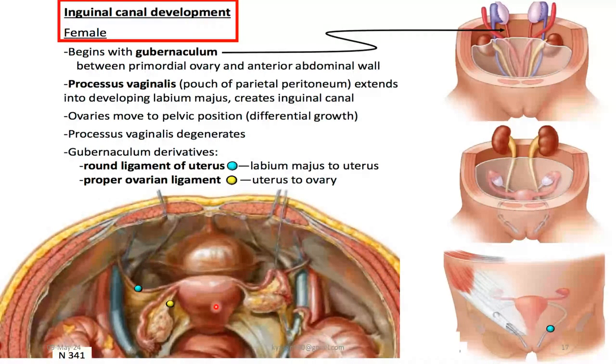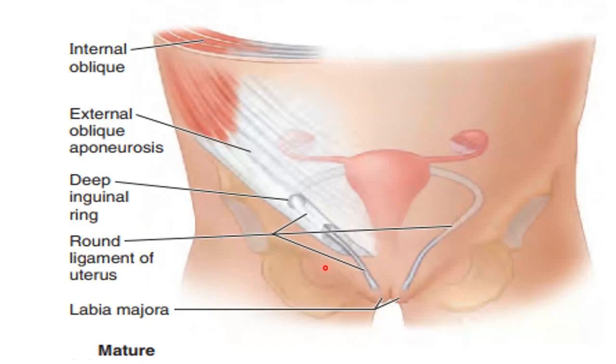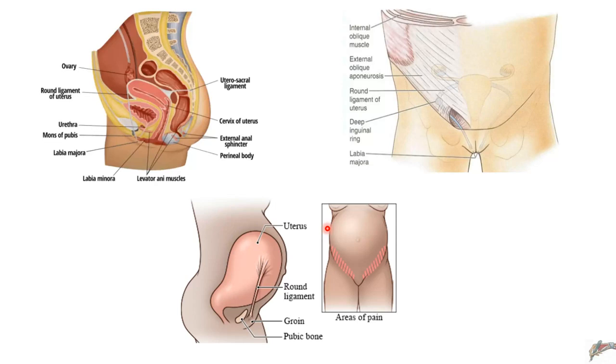Okay, normally the uterus has to be in that anatomical position. So that is the round ligament, content of the inguinal canal in women. That round ligament, you can also see it there. It extends all the way from the uterus to the labia majora.